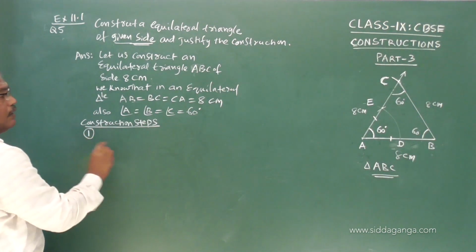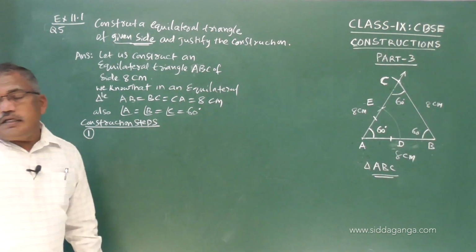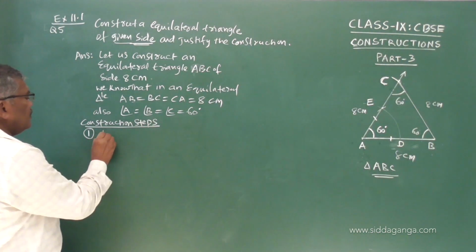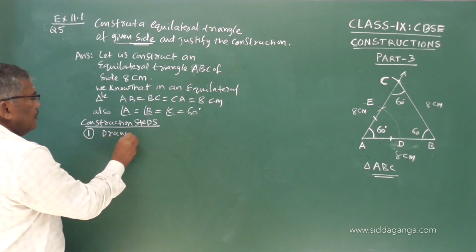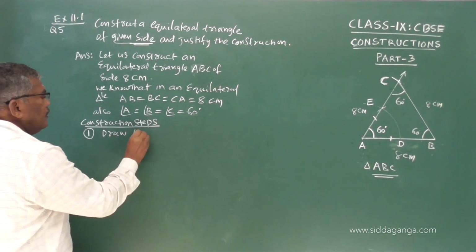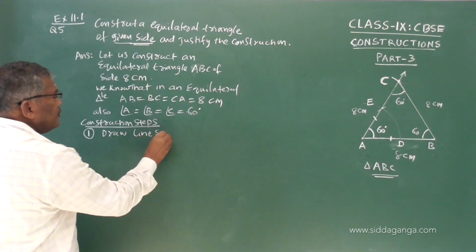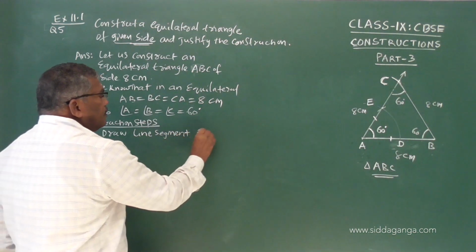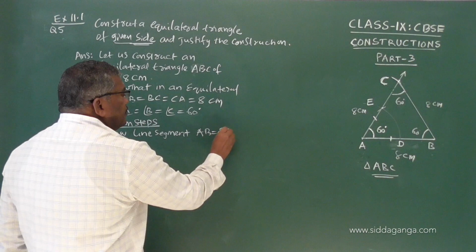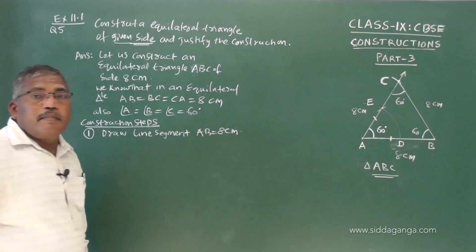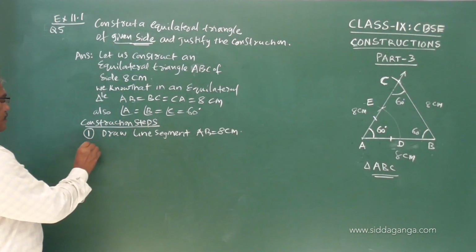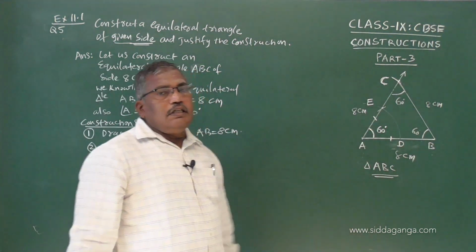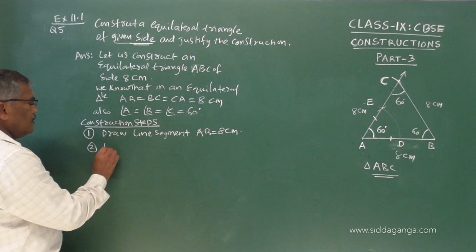First one, what we did, we draw a line segment AB equals 8 centimeter. Second, next step is at A we have to construct a 60 degree angle with A as center.